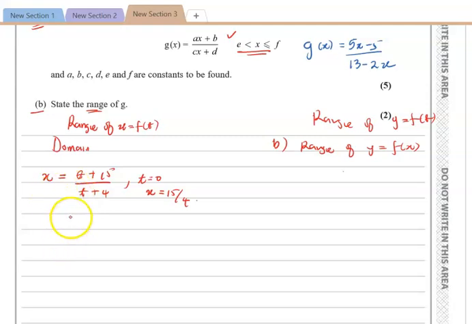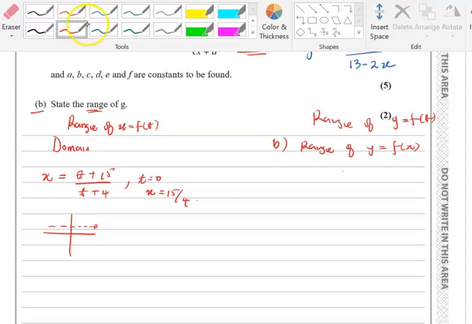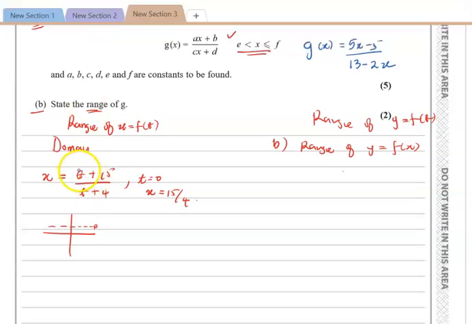Then the other value that I'm going to look for: when I sketch this reciprocal graph, I'll always have what you call the horizontal asymptote. How do you always get the horizontal asymptote? The horizontal asymptote is got by dividing the coefficient of t over here, and the coefficient of t is going to be 1 divided by 1. That means the horizontal asymptote is 1. That means your x value is between 1 and 15 over 4.